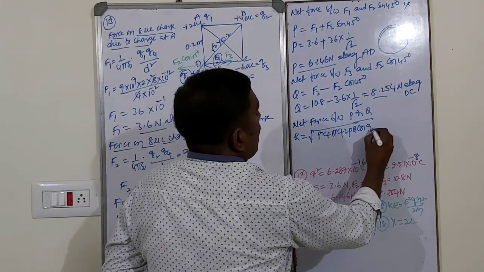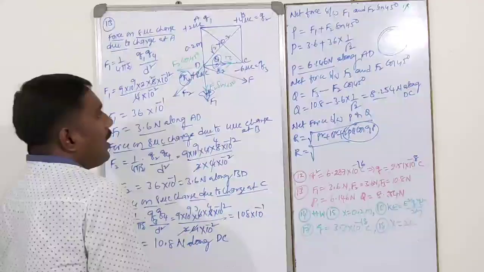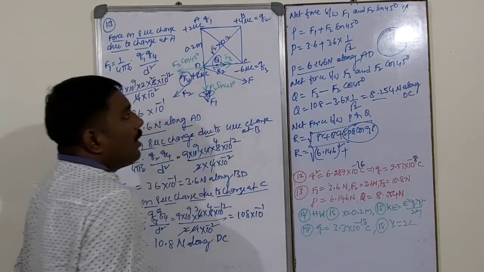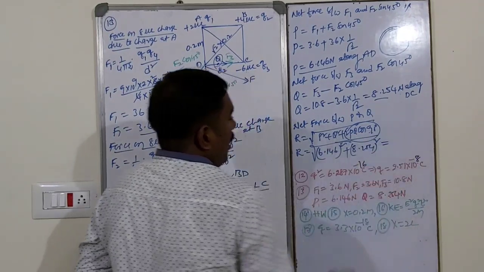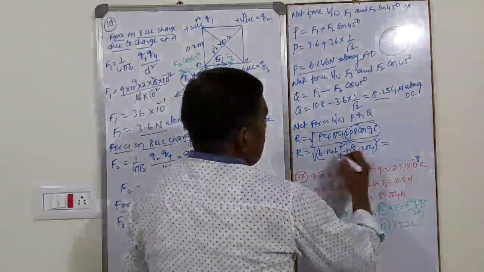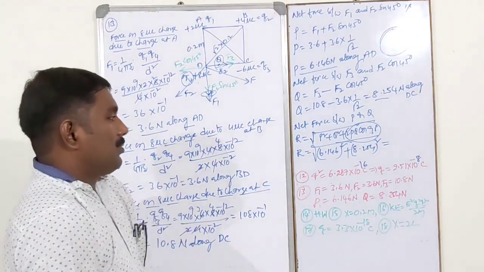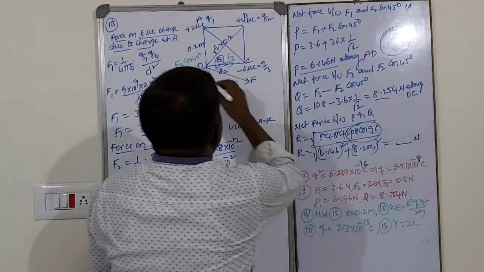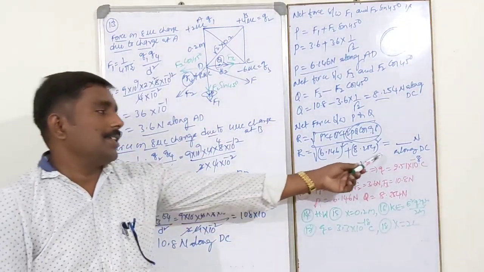Cos 90 degrees is 0, so that whole term is 0. So R is the square root of P squared, where P is 6.146, whole squared, plus Q squared, where Q is 8.254, whole squared. If you simplify, you will get an answer. This is the final resultant force R, in Newtons, with direction along DC.